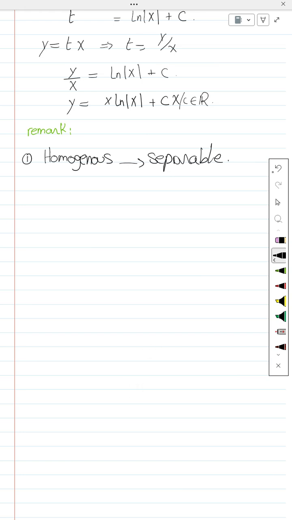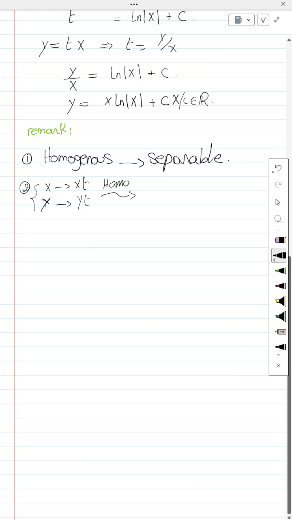And the second one is how to know it is a homogeneous, by replacing, as I told you, x by tx or xt, and y by yt. By this change of variable, we will deduce that it is a homogeneous.